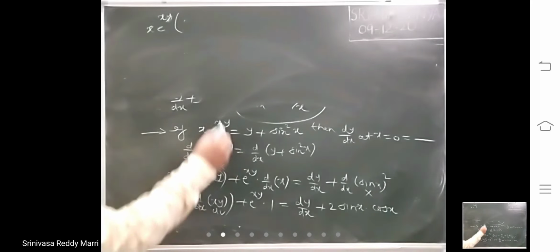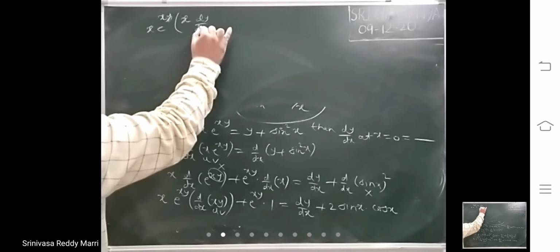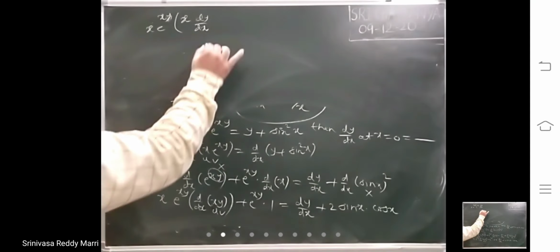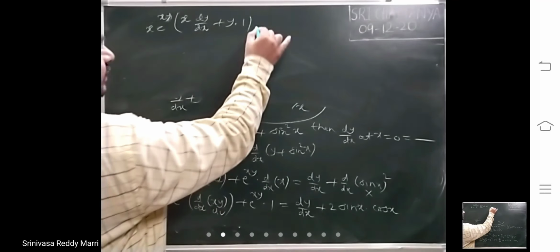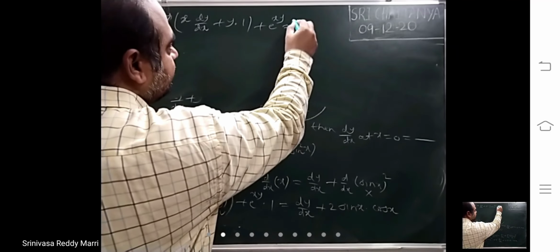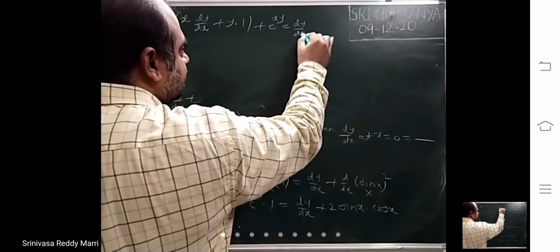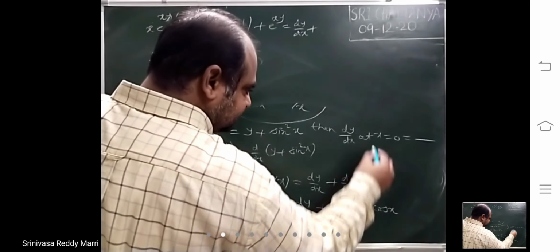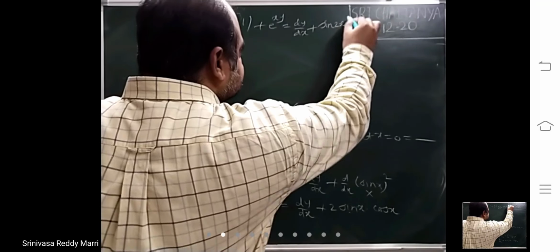Uv means u into x into d by dx of y, that is dy by dx, plus y into derivative of x is 1, plus e power xy equal to dy by dx plus this is 2 sin x cos x, which means sin 2x.